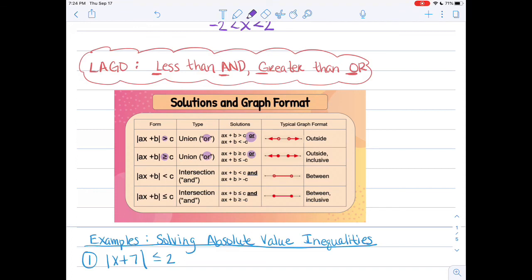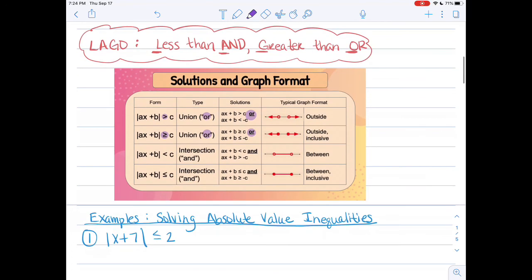And again, reminding you that that or case has arrows pointing in opposite directions, either with closed dots or open dots, depending on if you have the or equal to part. Then we have our less than cases, less than or equal to. Remember, those are an and condition. And so we have an intersecting case or a between case where x is in between the two numbers.